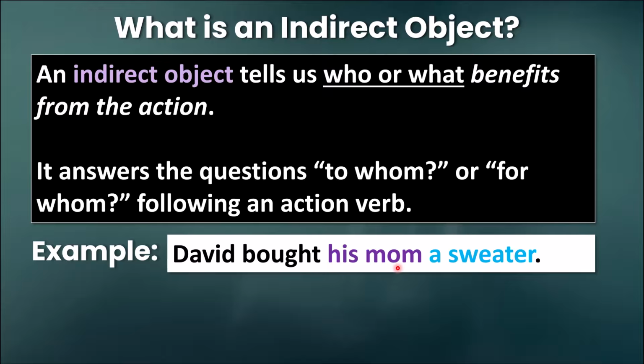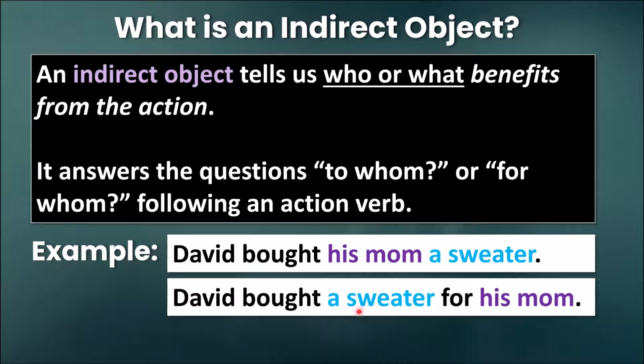So his mom is an indirect object. This sentence may also be rephrased. David bought a sweater for his mom. But usually in English, we will phrase the sentence like this, with the indirect object coming before the direct object.